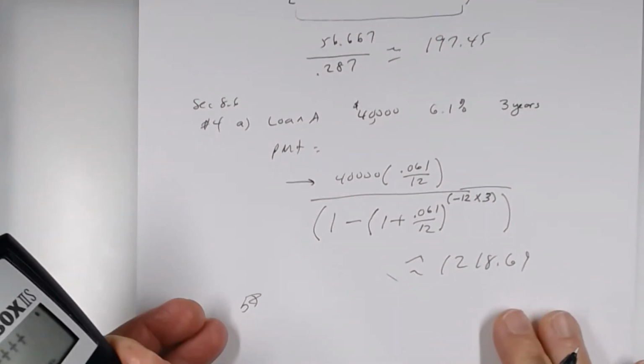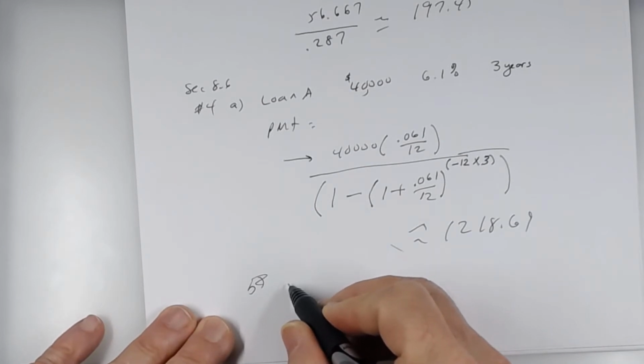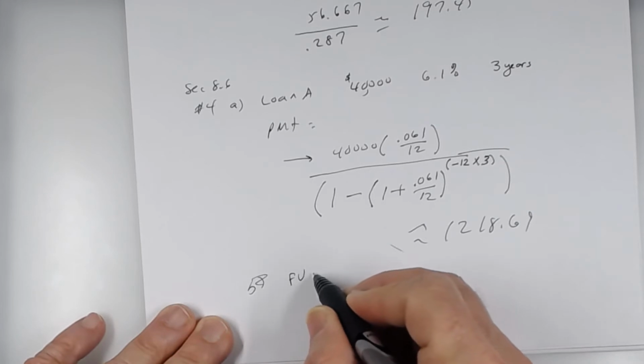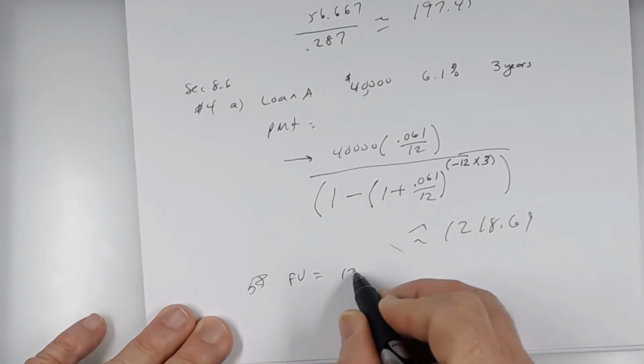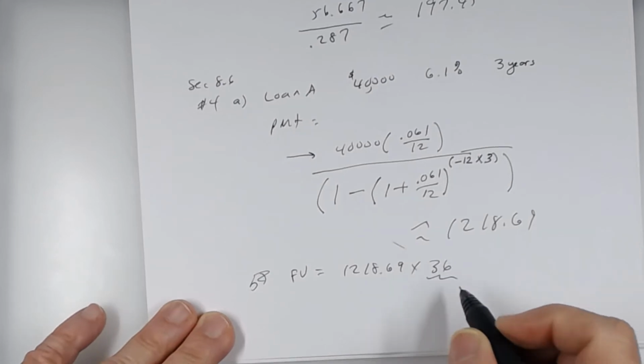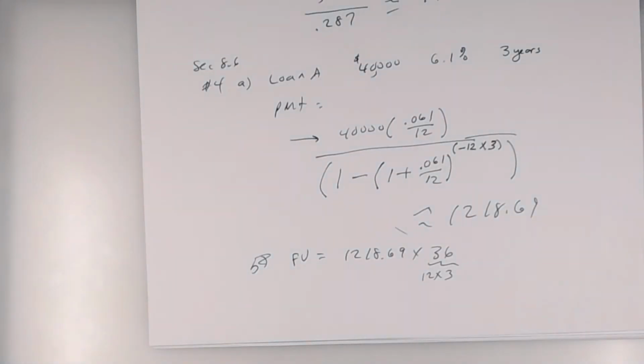So this is the monthly payment. So your total amount paid, or the future value, let's use the word future value, would be that times 36, because I remember how we got 36. We said 12 times what? 3. 12 months in a year, and there are 3 years.